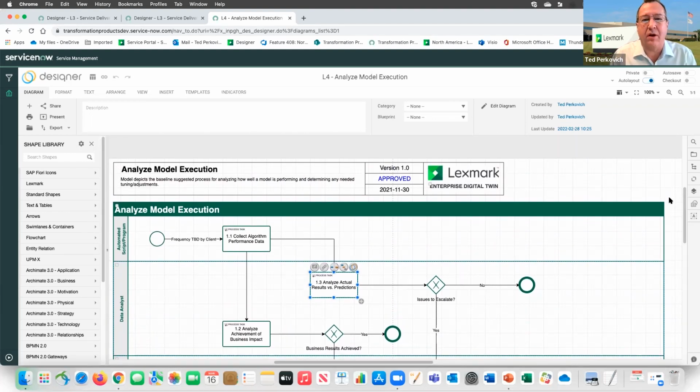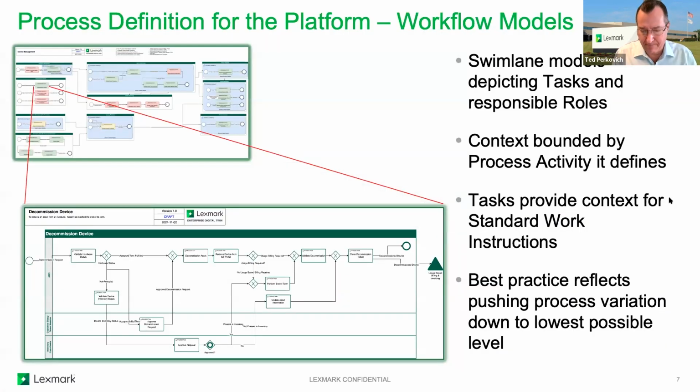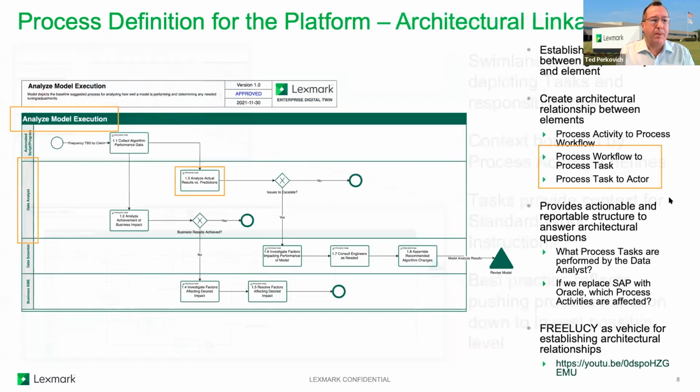Then let's go back over here. The other piece of this is that we're not just creating static diagrams. This is the basis for also creating a database. So we're not just creating a picture, we're creating the architectural linkages between these objects to be able to report on them over time and ask and answer architectural questions.